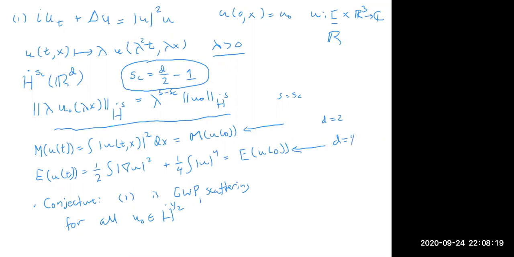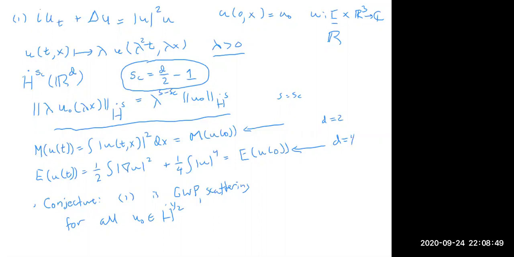Because if the mass is conserved, and SC equals 0 when D equals 2, then you know that the H dot SC norm can't go to infinity. And the same is actually true of the energy. When D equals 4, you do your Sobolev embedding, you have a finite energy, and that energy must be bounded for all time. So therefore, when D equals 4, you don't have type 1 blowup either.